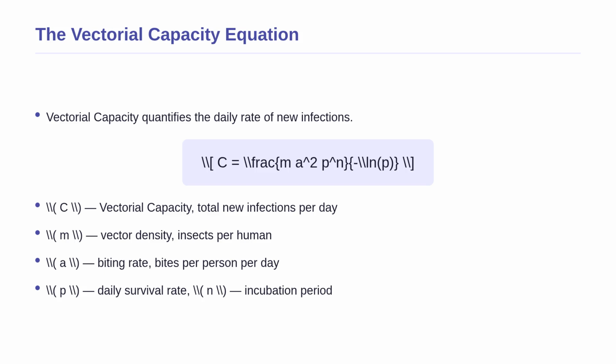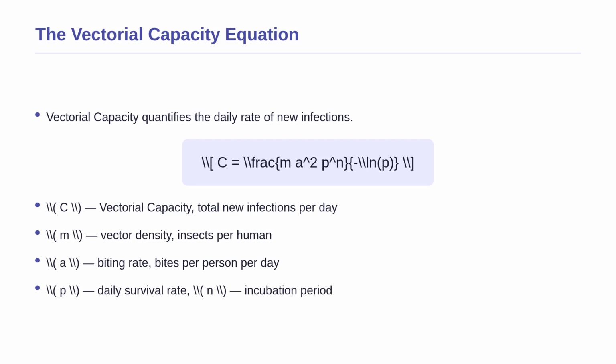To measure this, we use the vectorial capacity equation. Conceptually, this formula calculates the total number of new infections generated by one infected host in a single day. Let us break down the symbols. C represents the vectorial capacity itself. The variable m stands for the vector density, meaning how many insects are present per human.